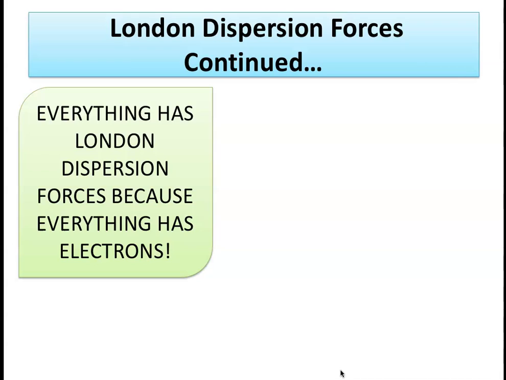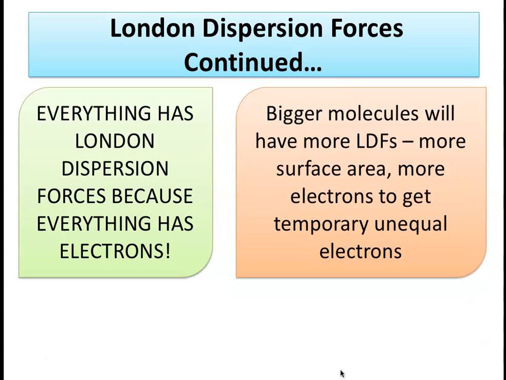everything has London dispersion forces because everything has electrons. So even though something may have a stronger IMF that controls its bonding and its properties, it still also includes London. Bigger molecules will have more LDFs. There's more surface area.